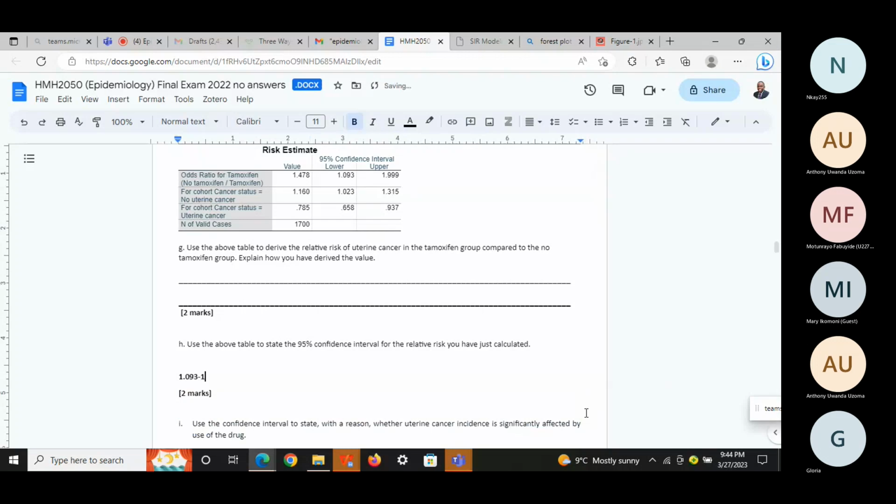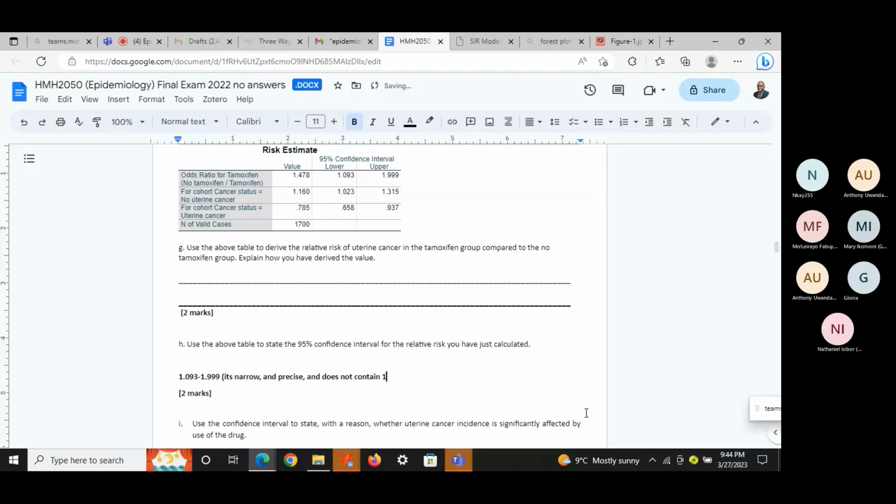And we can see that it is narrow and precise, and it does not contain 1.0.